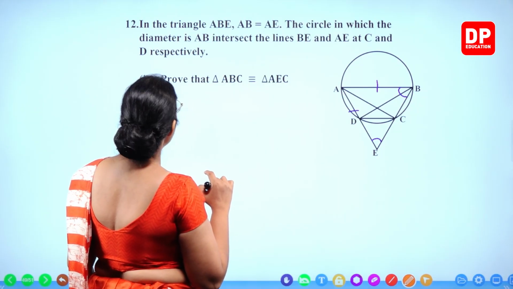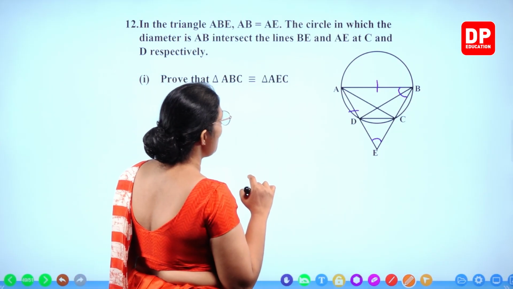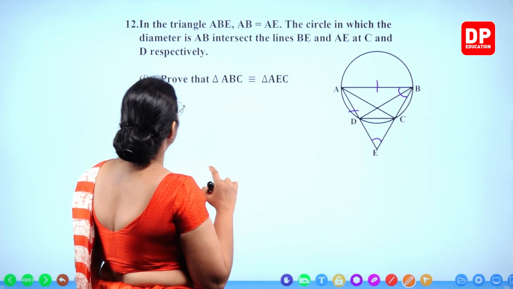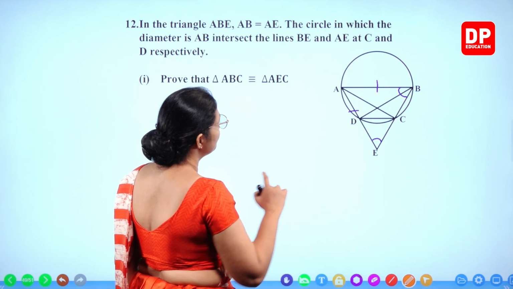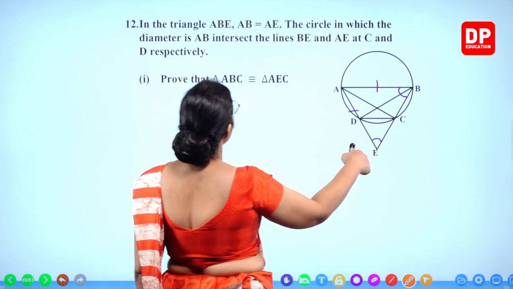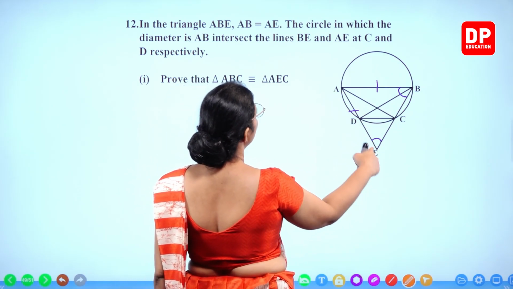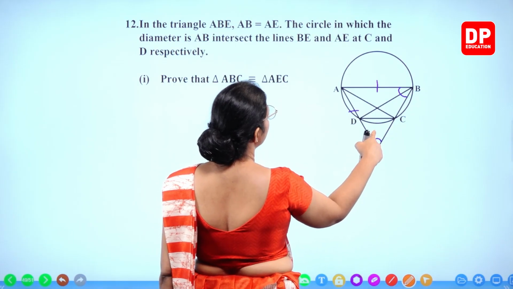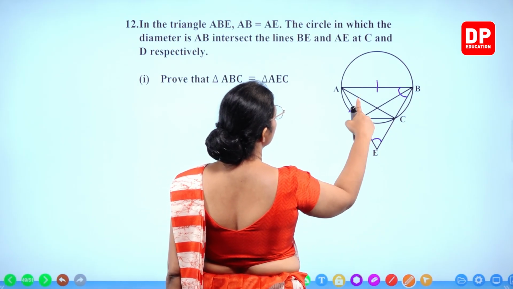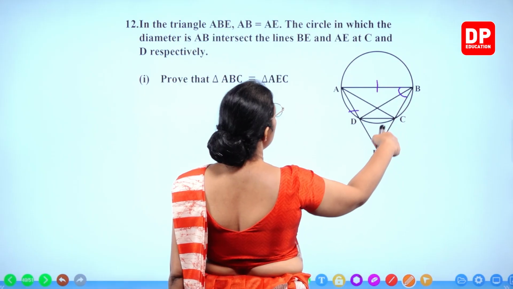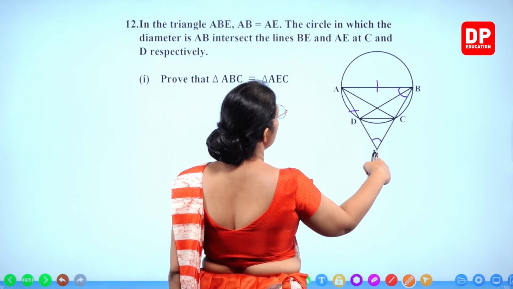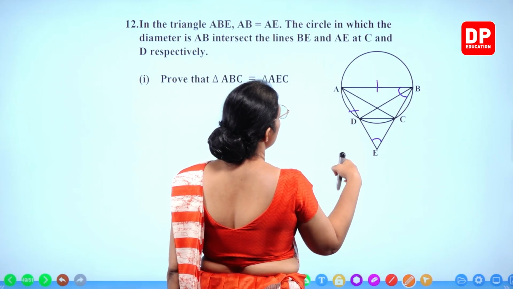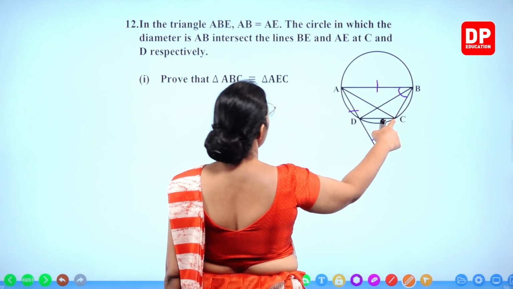The circle in which the diameter is AB intersects the line BE and AE at C and D respectively.